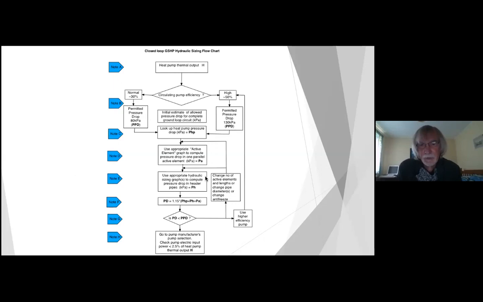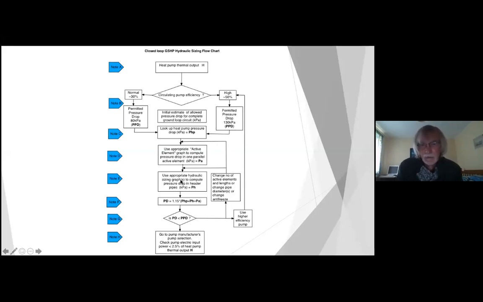Then you go and do a computation on your active element. And remember, where you've got parallel loops of boreholes or parallel loops of skids or serpentine loops, you only have to compute the pressure drop in one of those loops. You don't add them all together.